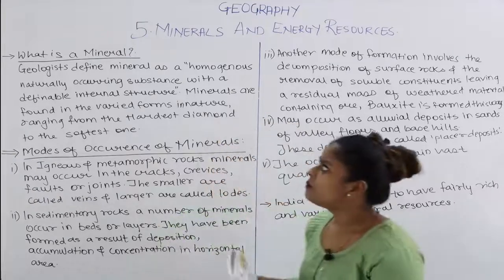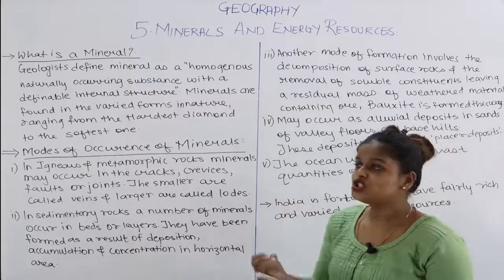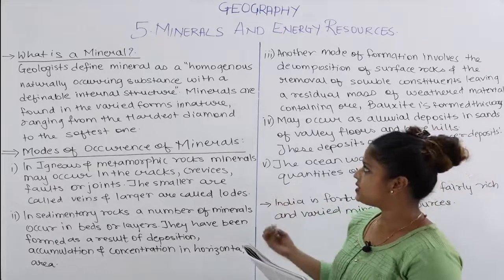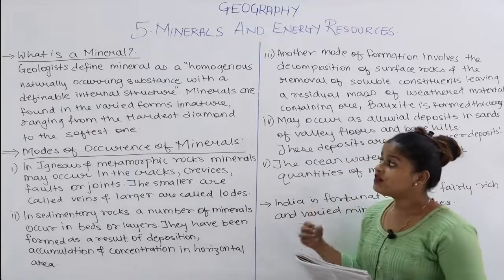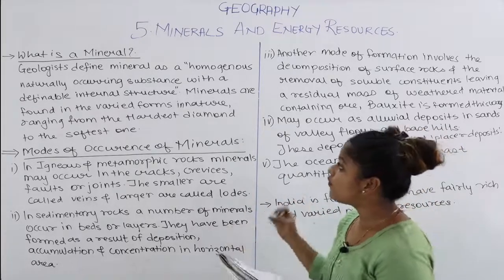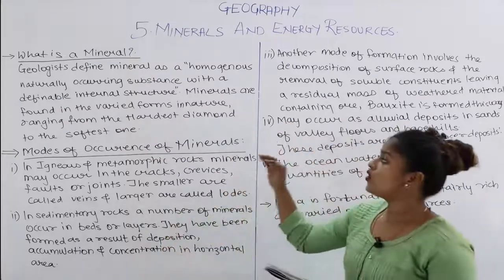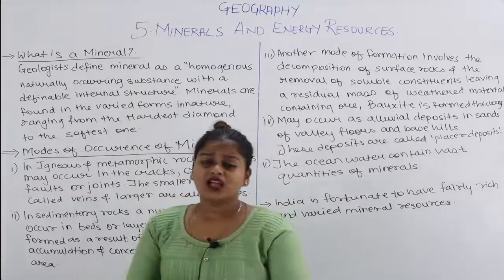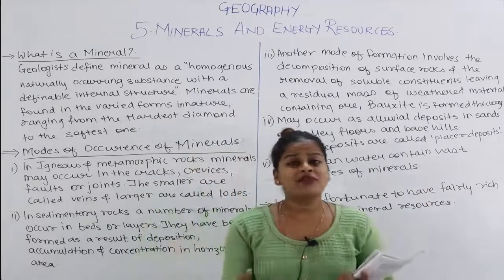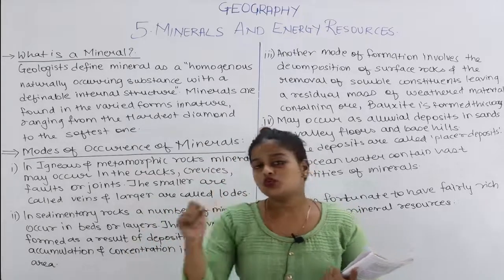Now what is a mineral? Geologists define a mineral as a homogeneous, naturally occurring substance with a definable internal structure. Minerals are found in varied forms in nature, ranging from the hardest diamond to the softest talc. You will find minerals everywhere, from the hardest material to the softest.